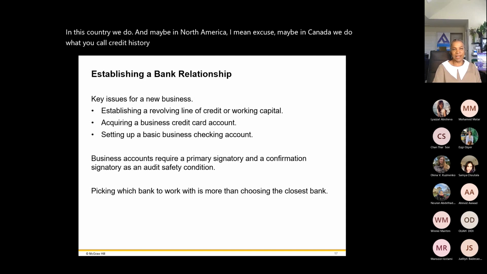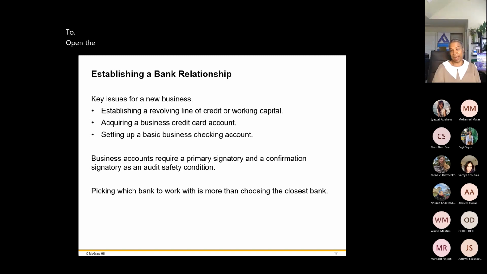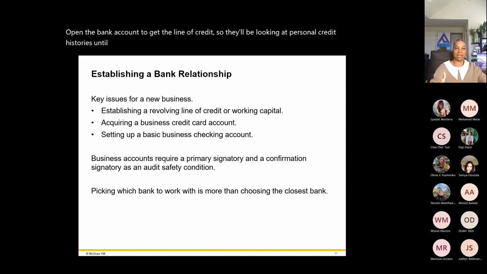So even as a business, they're looking at my credit history. When I set up my business, they looked at my credit history to open the bank account and to get the line of credit. So they'll be looking at personal credit histories until the business is established and has its own credit history. Then they'll look at that in the future.